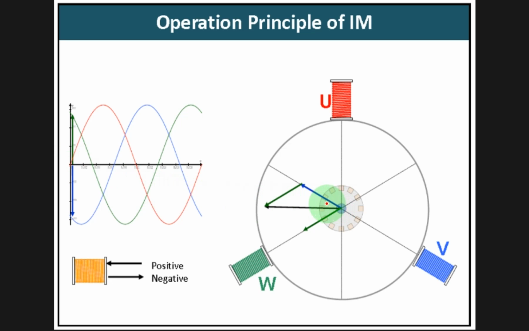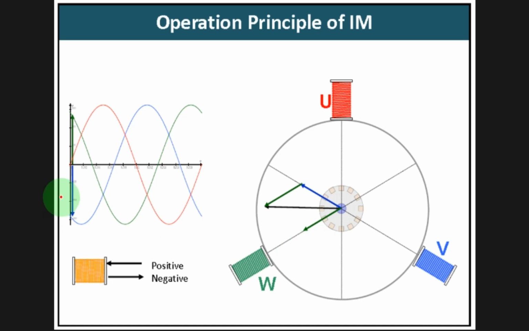Therefore we have to add only these two magnetic fields, and then the resultant will be somewhere here. That is the addition of this magnetic field to this one, and you get this resultant. So the effect of these two coils will generate a north towards this side and south towards this side.